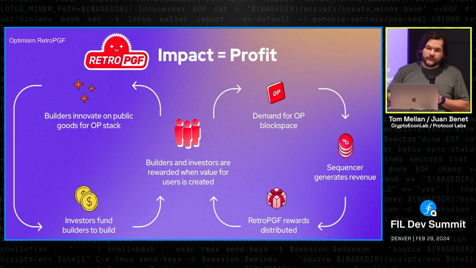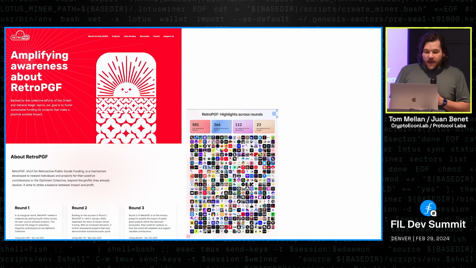Meaning, if you produce strong impact to the community, then you, as an individual or as a community or a group or a team, profit from that. And creating that loop enables the value flow and the flywheel that Kevin was talking about in order to grow ecosystem value, grow the value that gets funded in terms of public goods, and then drive the long-term success of the projects.